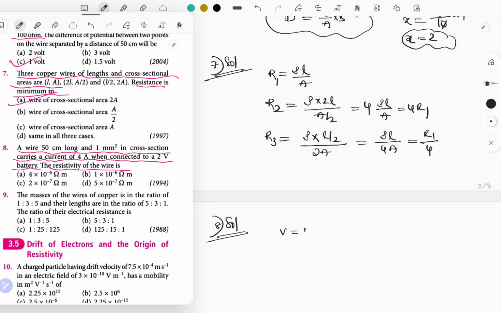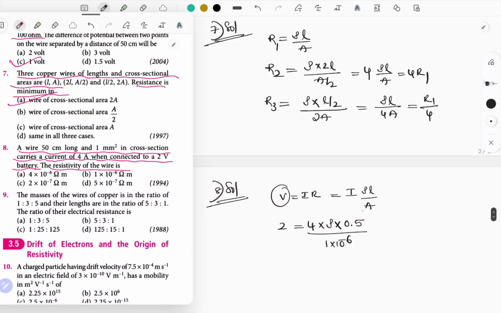That is V is equal to I into R, where R is rho L by A. So we know the value of potential, that is 2 volt, which is equal to I is 4 ampere, resistivity rho, length is 50 centimeter, nothing but 0.5 meter, divided by area is 1 millimeter square, nothing but 1 into 10 power minus 6.